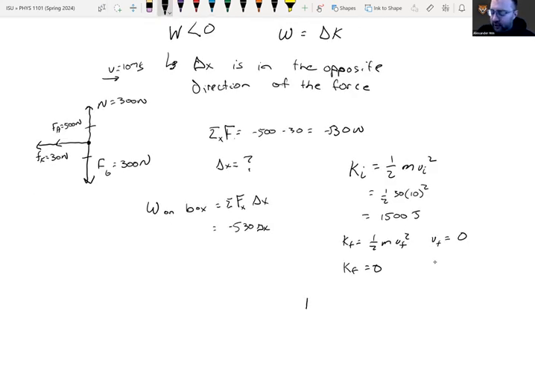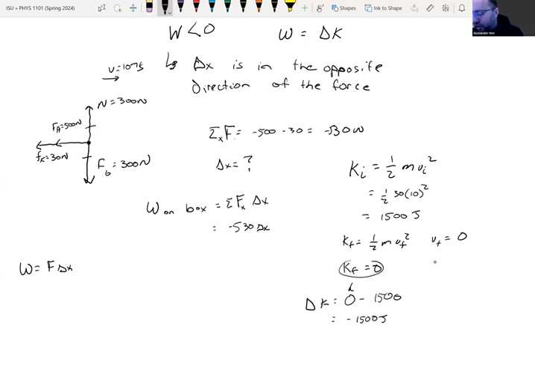All right. Now from there, we can find our delta K. And the reason we want that, again, is because work is going to be equal to delta K. And our delta K is then 0, because that's K final, minus K initial, which was 1,500, which is going to be negative 1,500 joules.